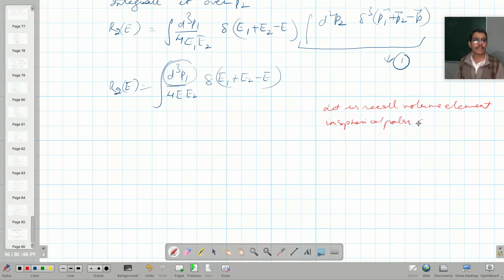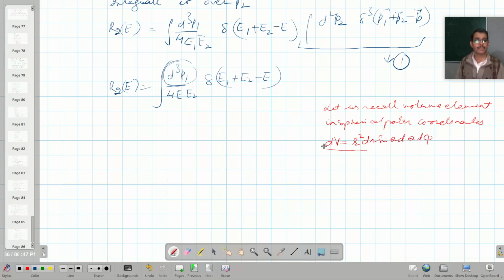If I consider spherical polar coordinates, then the small element dV can be written as r squared dr sine theta d theta d phi.